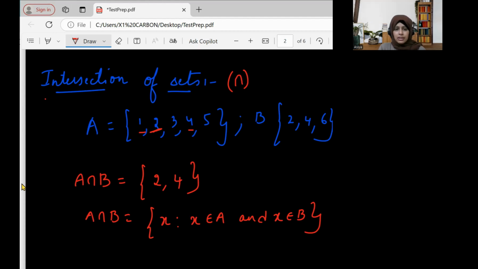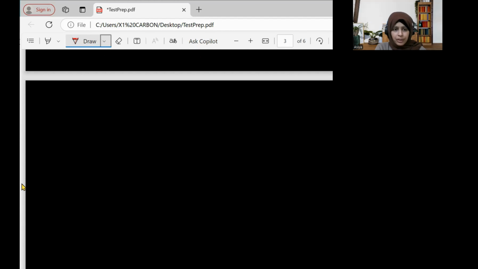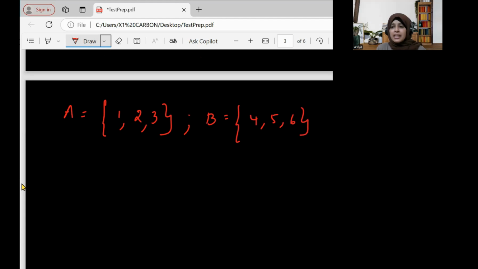Now, let us have a look at another type of sets. Suppose I have two sets. Let me represent it again. 1, 2, 3 is my set A, and my set B contains 4, 5, 6. Now, let me find out the intersection of these two sets.